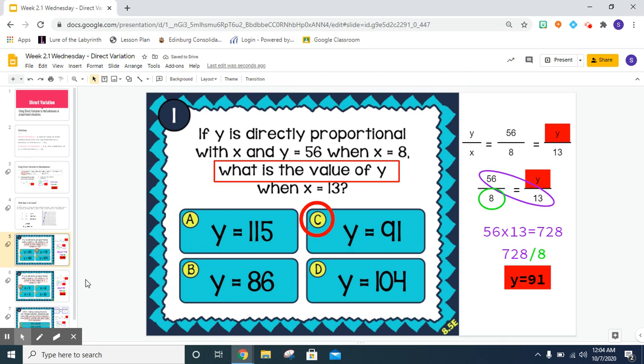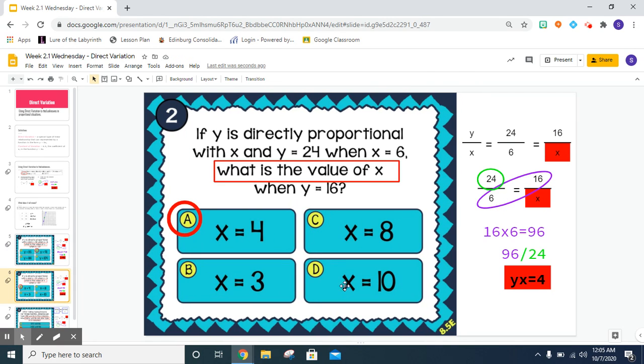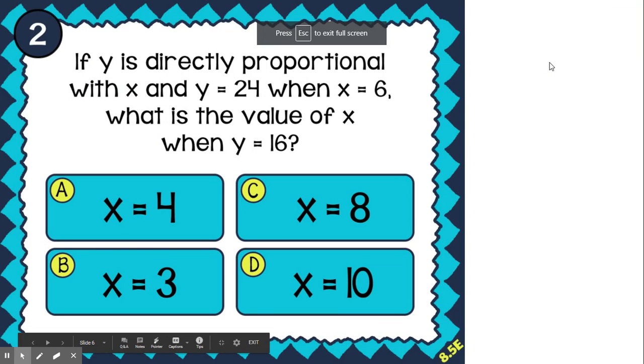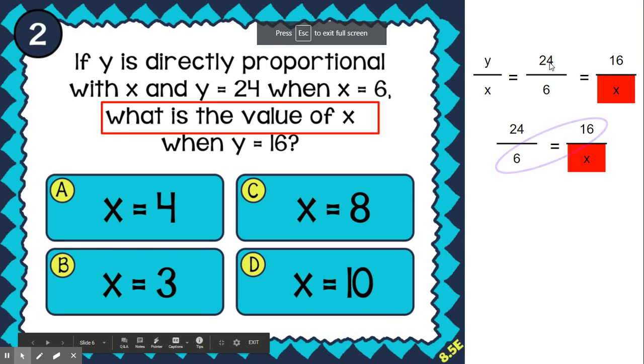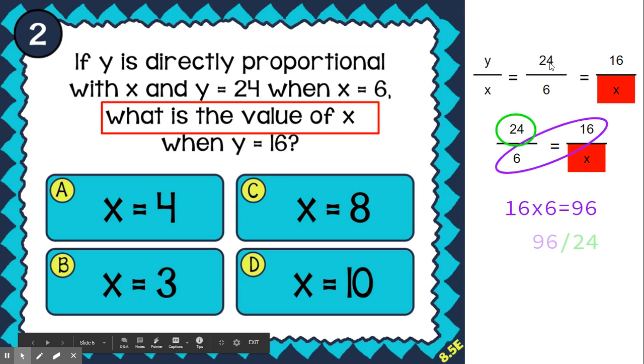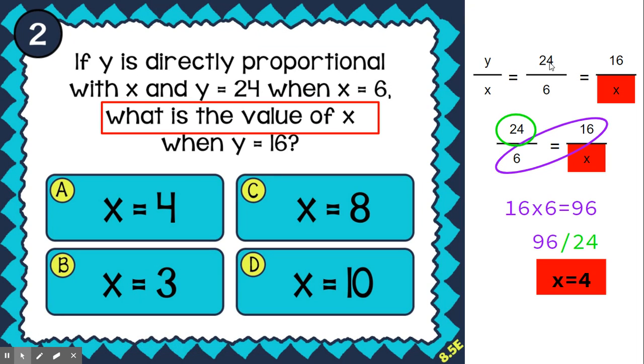Right? Because we are solving for x. So let me go ahead and fix that. There you go. All right, so again, because I'm solving for x, I get that the value of x equals to 4.